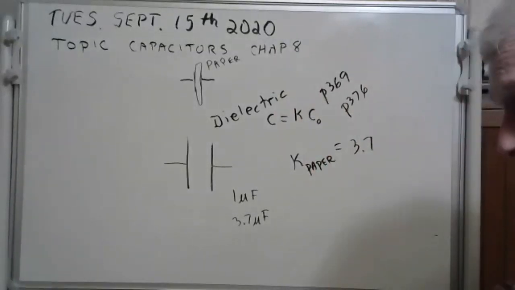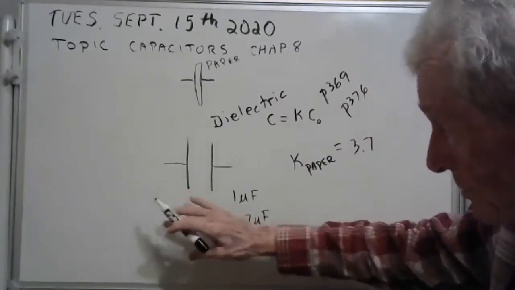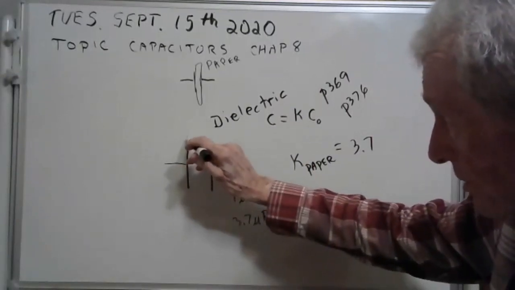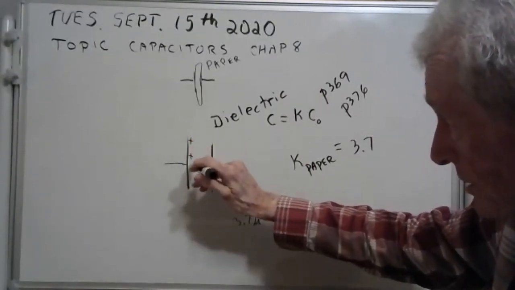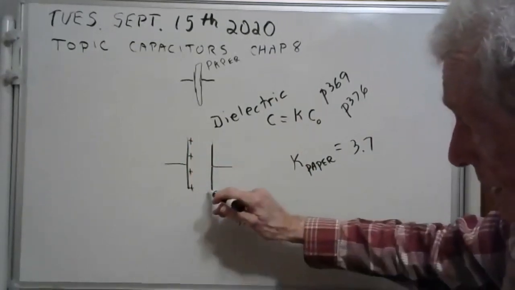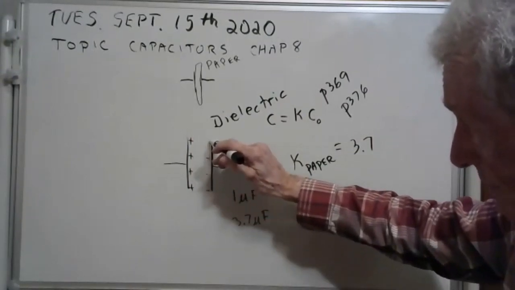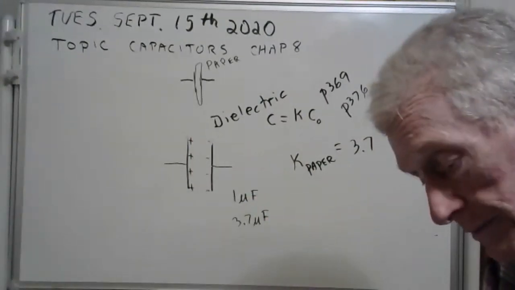Well, let me show you. Let's suppose you connect this to a battery and you charge up these plates. Of course, if this is connected to the positive of the battery, that plate will be positive and this plate will be negative. Okay, that makes sense.